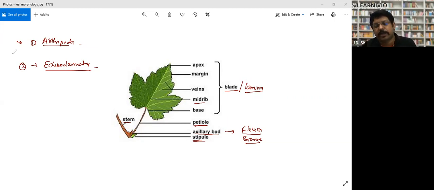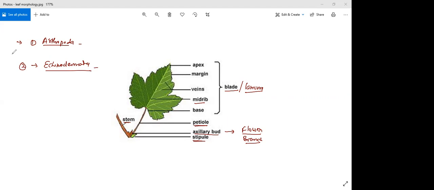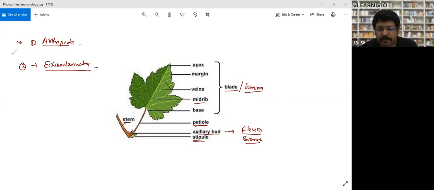Starfish is unisexual or bisexual? Unisexual, good. So do they have sexual dimorphism? No, they do not have. I told you that you cannot detect that this is male and this is female, right? Okay.